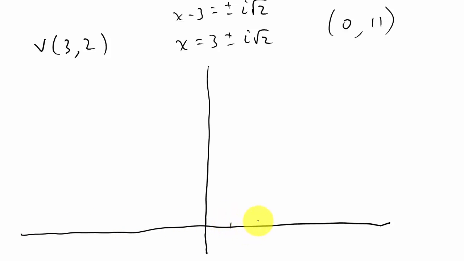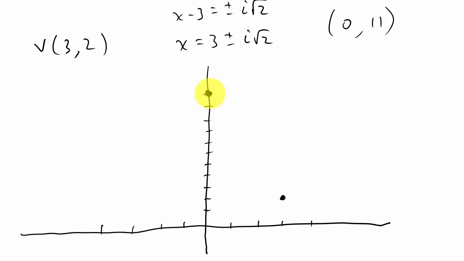So I've got 1, 2, 3, 4, 1, 2, 3, 4, and I'll need to go up to 11. 1, 2, 3, 4, 5, 6, 7, 8, 9, 10, 11. All right, so let's go ahead and plot our vertex. We've got the point 3, 2. Okay, so there's our vertex. And then let's plot our y-intercept, which is right there.